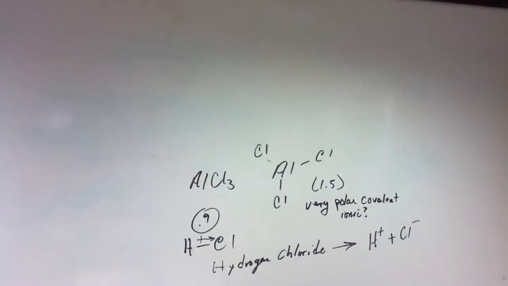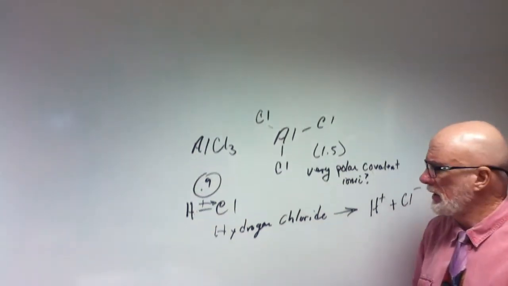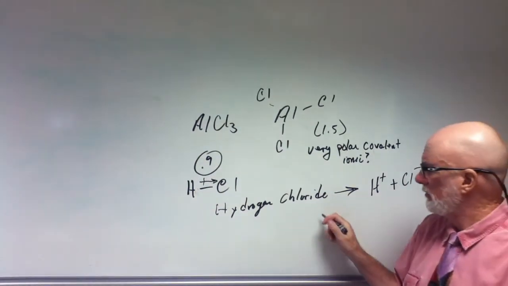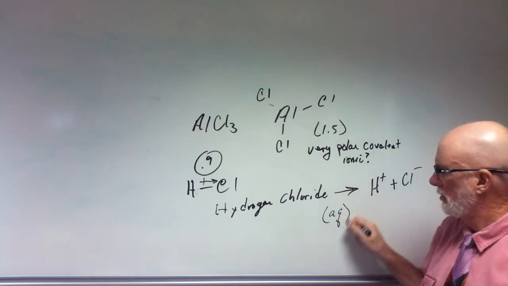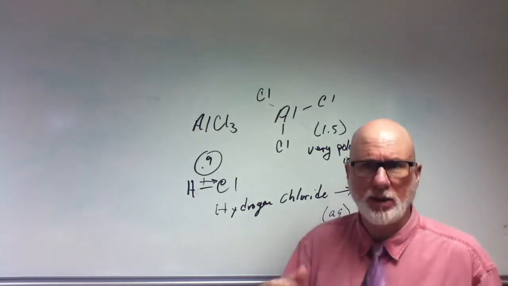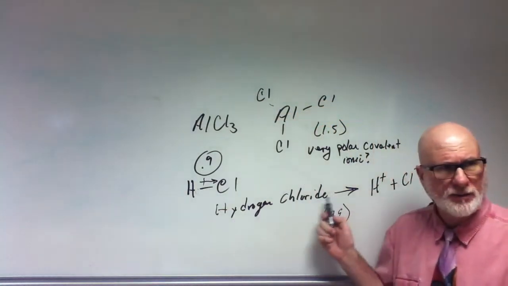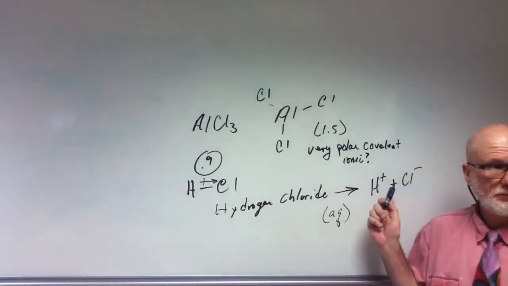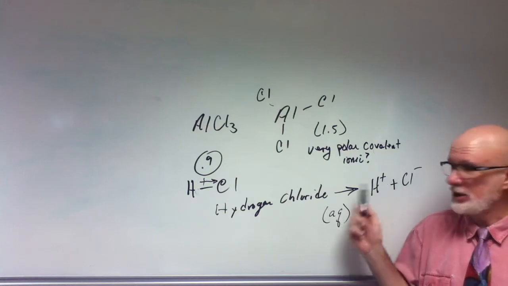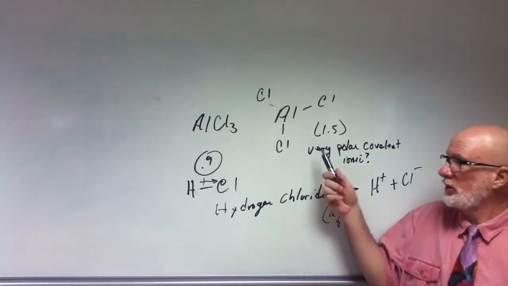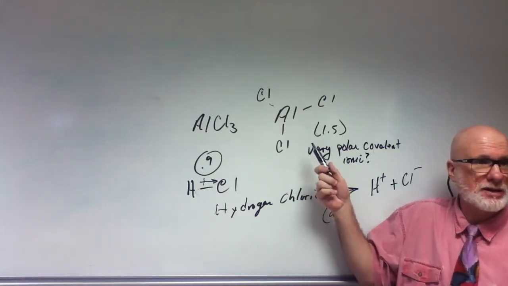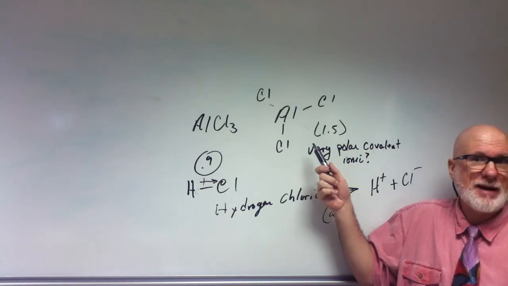Okay? So in aqueous solution, meaning a water solution, this is no longer covalent, but ionic. Correct? So under certain conditions, this is ionic. So I'm sure that under certain conditions, aluminum chloride is ionic. No, I have no doubt about it.